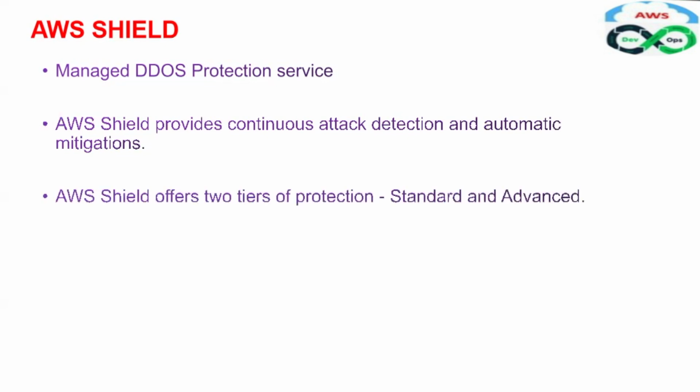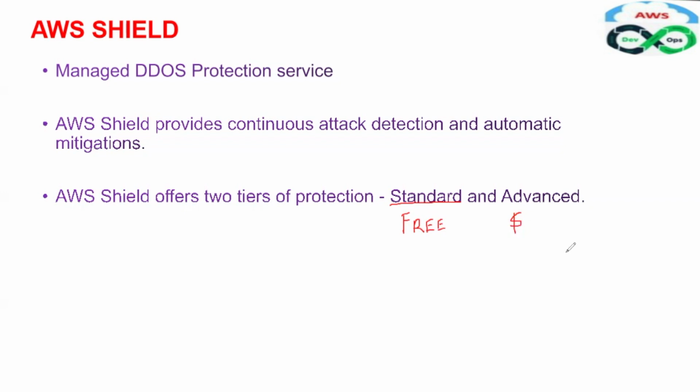And Shield offers two tiers of protection. If we are subscribing to the Shield service, it offers two types of protection. One is standard protection, which is free of cost. Then we have advanced protection, which is going to incur some charges. We are going to pay some dollars for the advanced protection. Why?